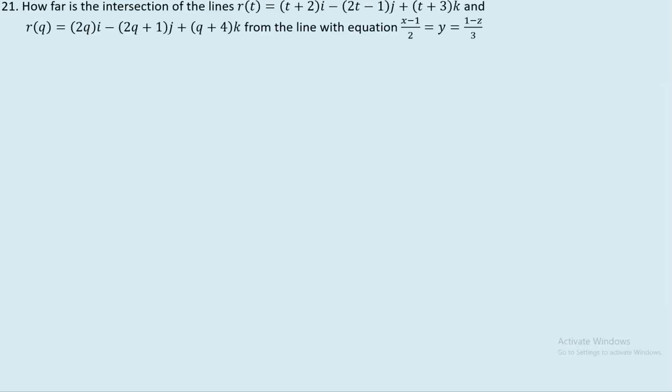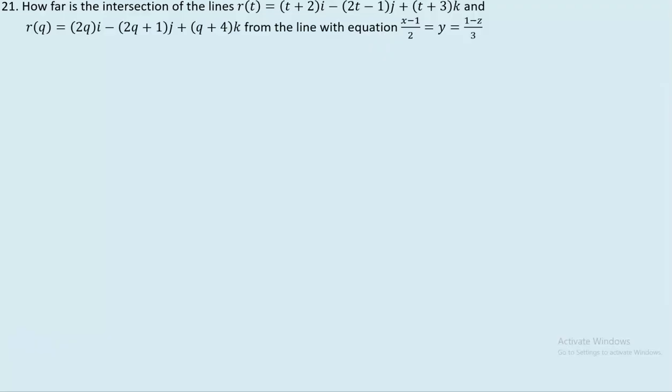And coming to the next one, we have question number 21, and here you are given two lines, and you have been told that these two lines intersect each other. So you are asked now to determine the distance between the point of intersection of the first two lines and the other line.